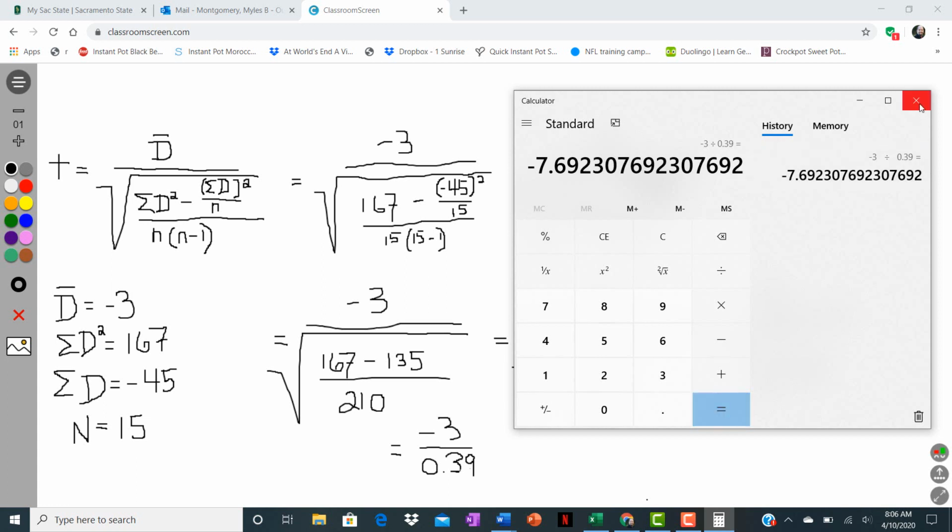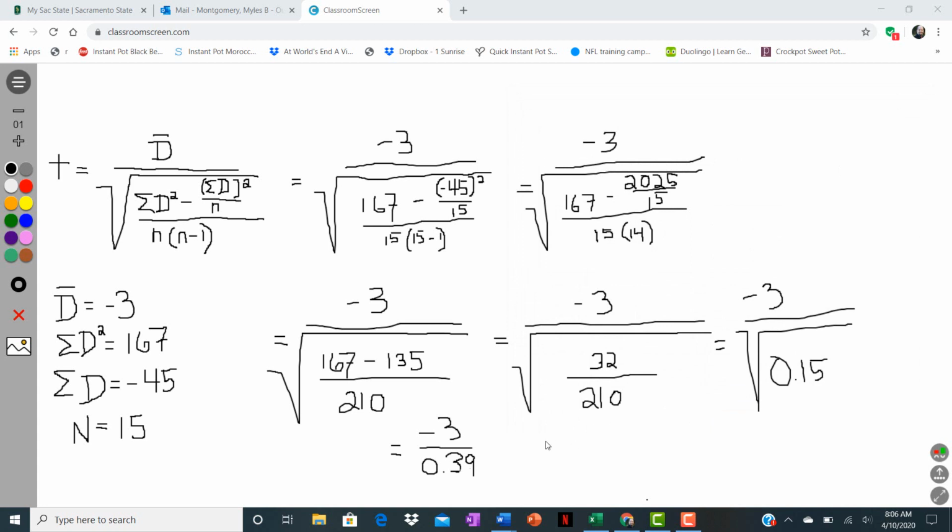So I'm going to go ahead and X out because I can do that now. So it's going to be -7.69, as we notate it in this way. Here's the t calculated.